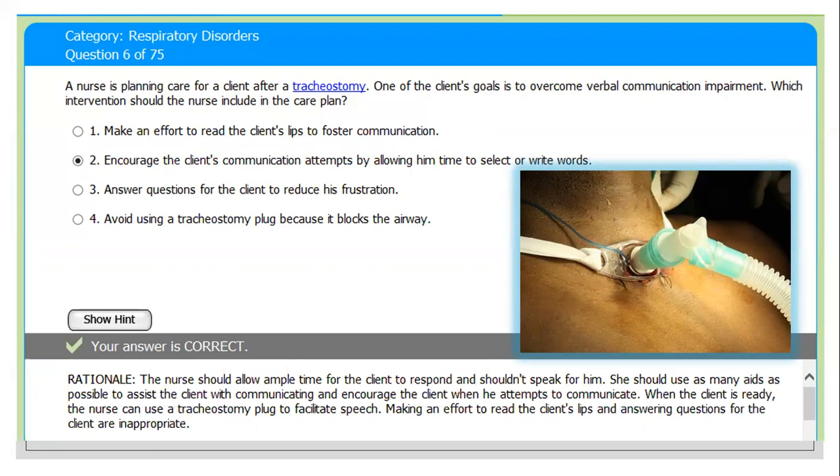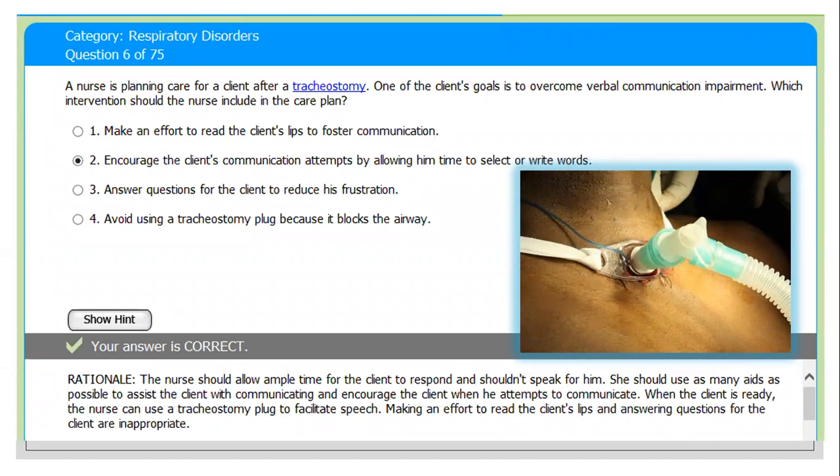A curved plastic tube, the tracheostomy tube, is placed through the hole, allowing air to flow in and out of the windpipe. Definitely, this tube does not extend into the lungs.